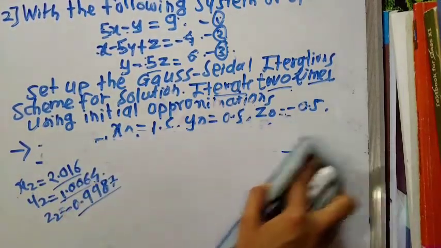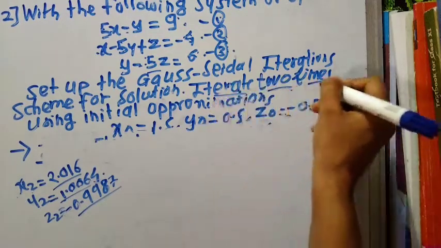Hence here carry out only two iterations, means iterate two times only.